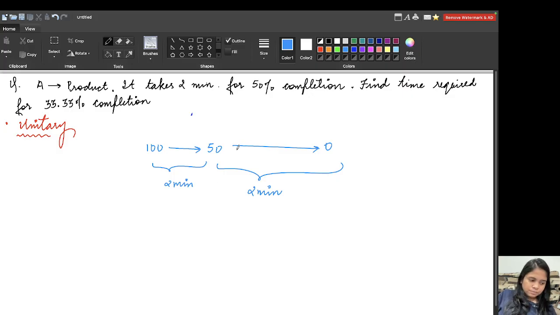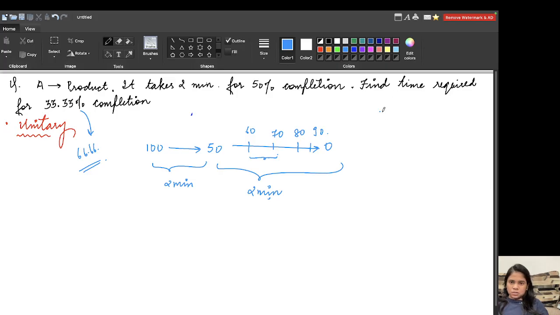So now what do we do? After 50, divide into 60, 70, 80, 90 and 0. 33.33% completion means 66.66 we want, right? So 66.66 will come somewhere here only. 50% completion is taking place in 2 minutes, right?